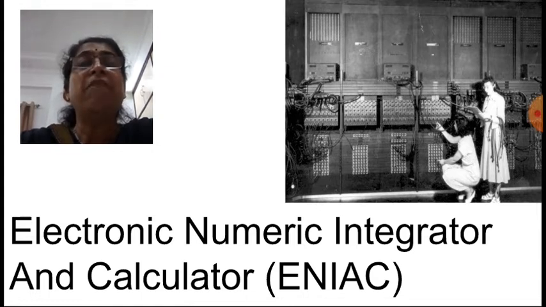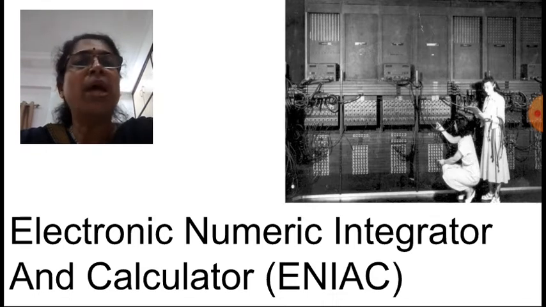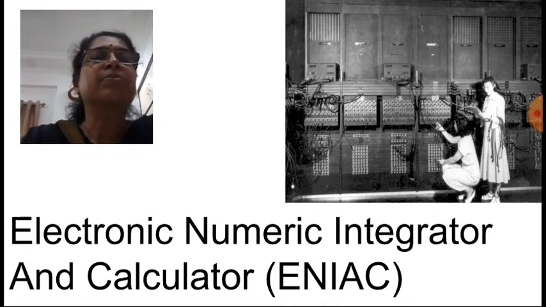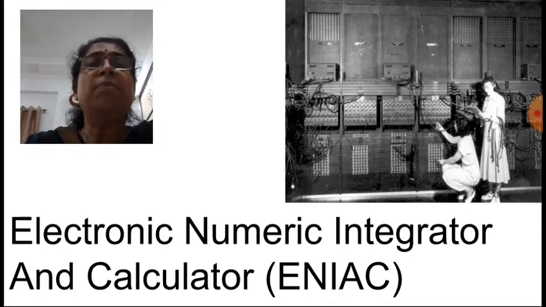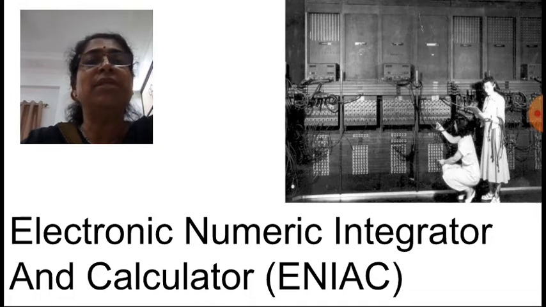It consisted of 18,000 vacuum tubes, and it was much faster than Mark 1. The Mark 1 was also very good, but ENIAC, which got developed afterwards, was much faster, and the vacuum tubes in this system were huge in number. So the speed was also very high.